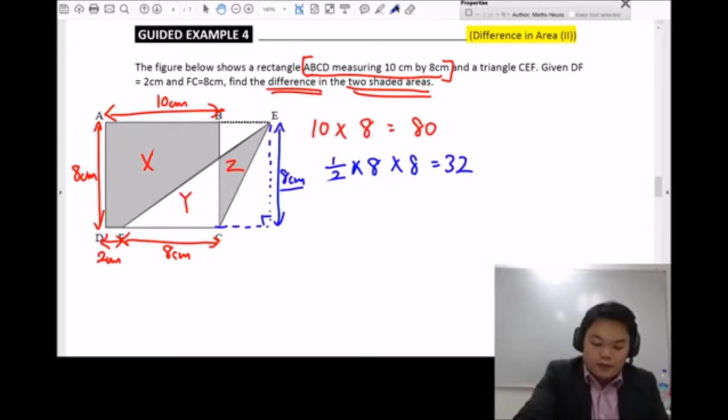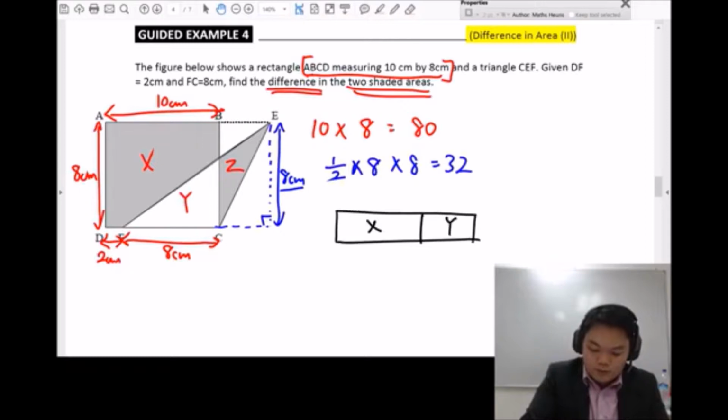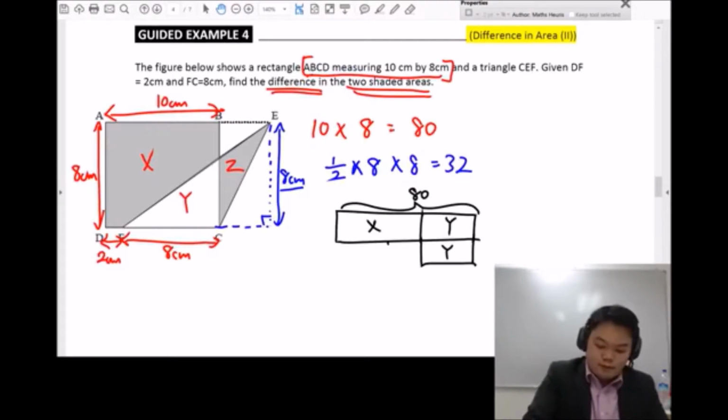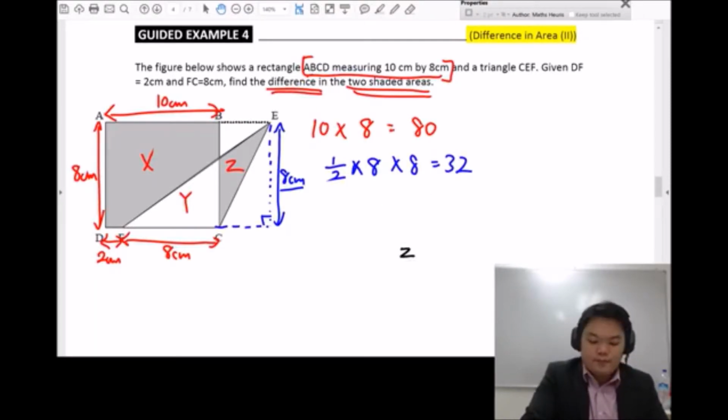Once we got that, if we are to draw our models and see it, the area between X and Y is 80. The area of Y and Z, since Y is the repeated item, put it together, then we put Z over here.